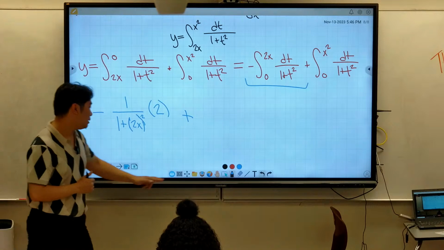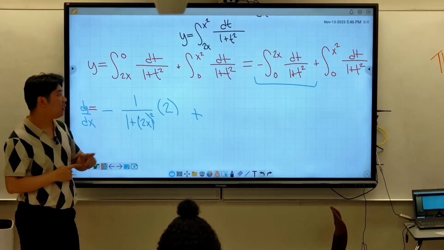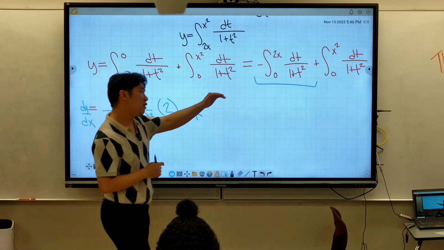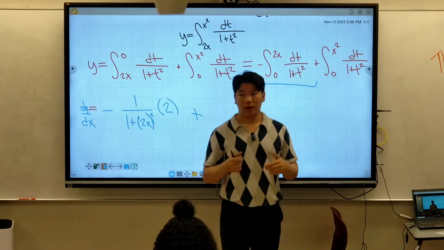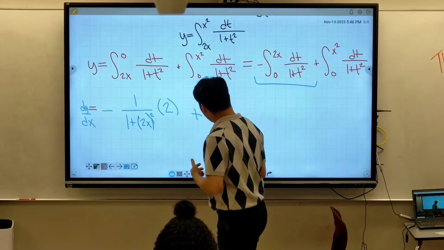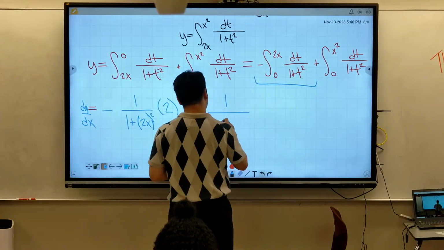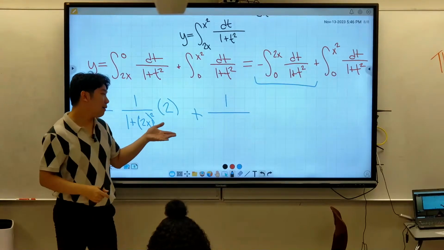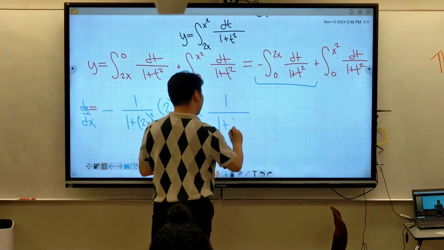What about the second integral? Well, I want the derivative of the integral from 0 to x squared of dt over 1 plus t squared. I'm going to do something very similar. First thing, I just plug in x squared, so 1 plus x to the 4th.